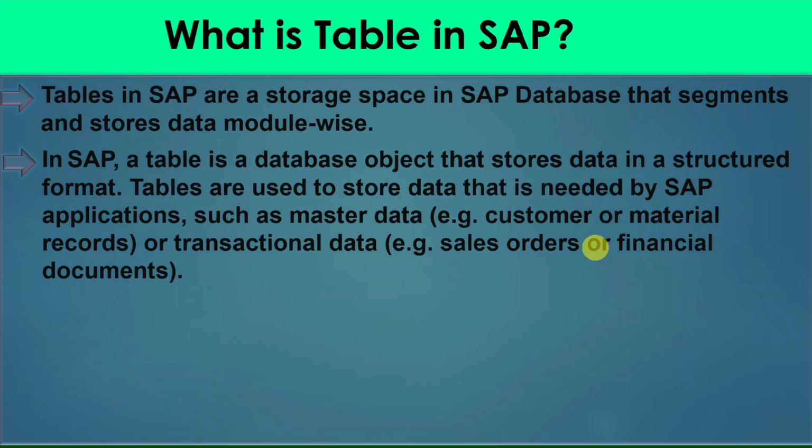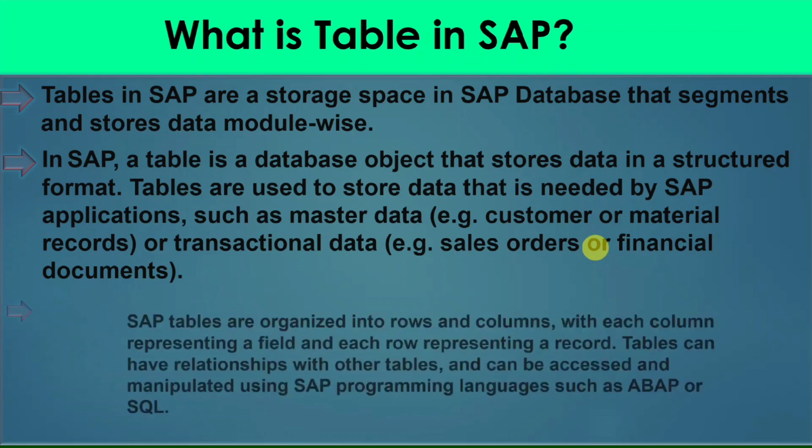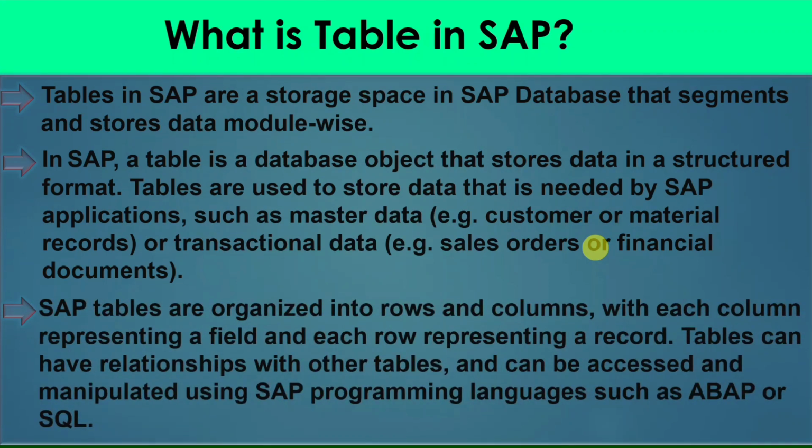So that's why we use tables. Whenever we save any document or any master data like material details, it's stored in some tables. These SAP tables are organized in the format of rows and columns, with each column representing the fields and each row representing the record.